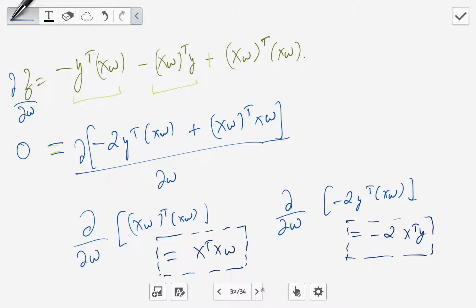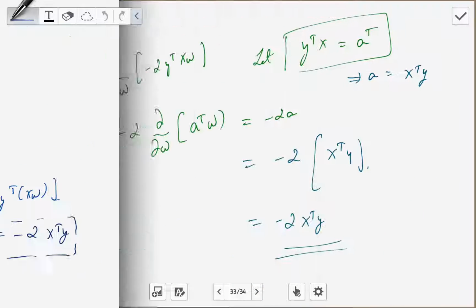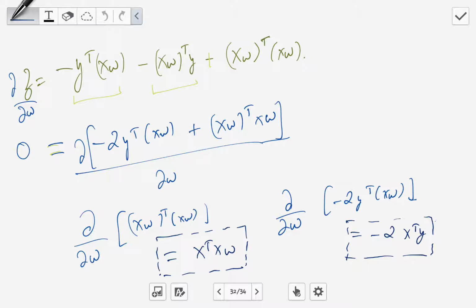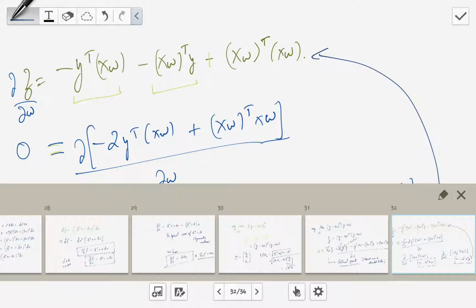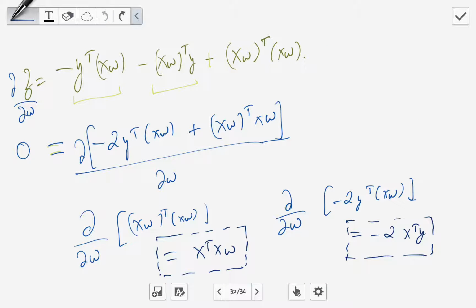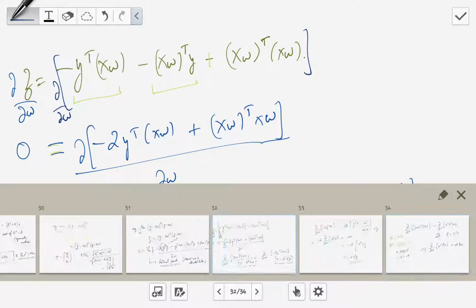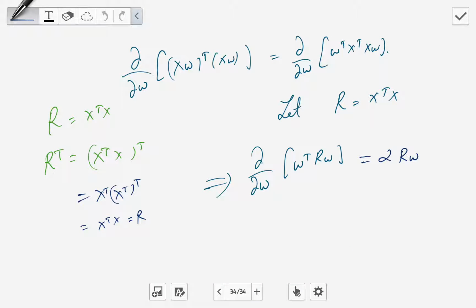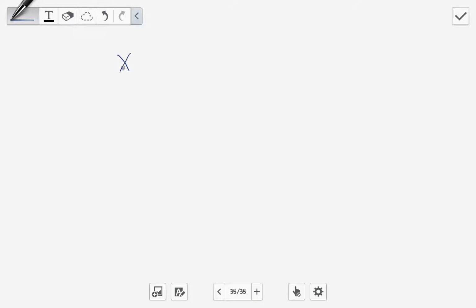Now substituting these in the original one, we have d by dw here to be done. Substituting these in the original ones, we will simply get 2 x transpose x w equal to 2 times x transpose y, from del w of z equal to 0.